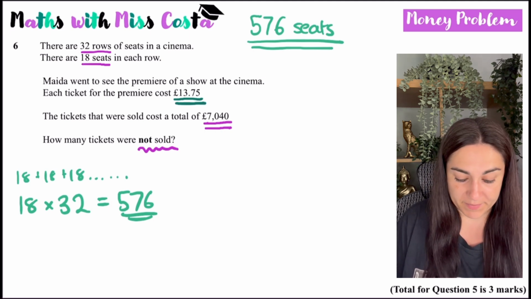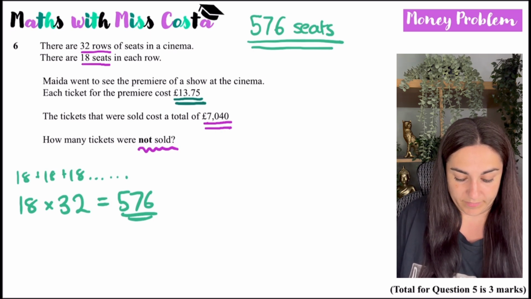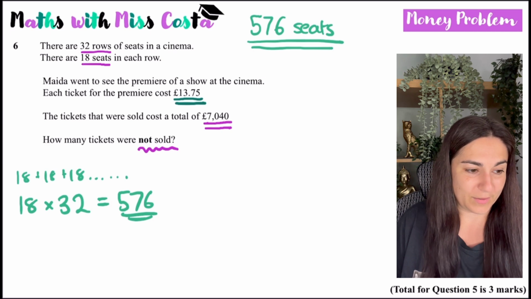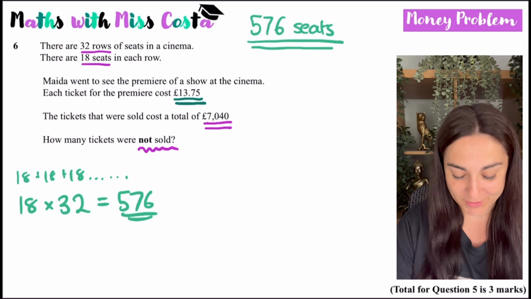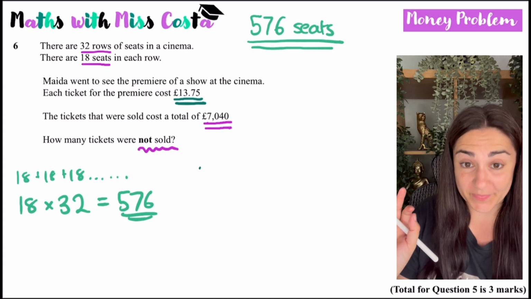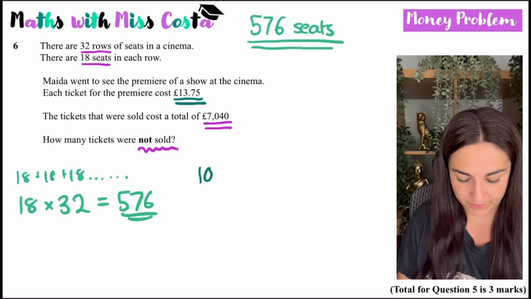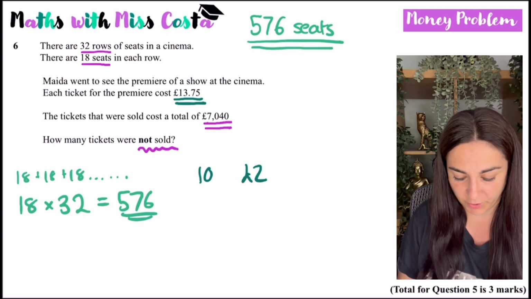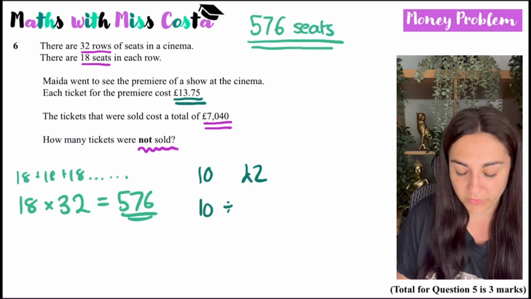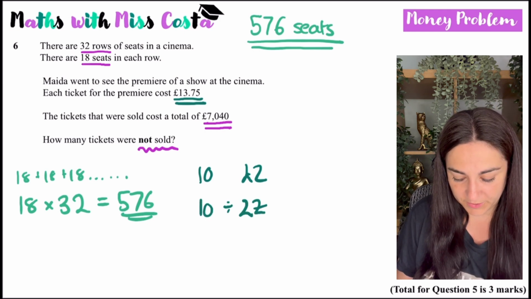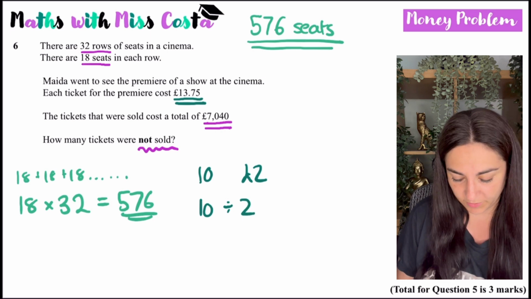If I had something simpler, like let's say £10, and I know that a can of Coke costs £2, how could I figure out how many cans of Coke I bought? Well, I would do 10 divided by 2, because that is the cost of a can.